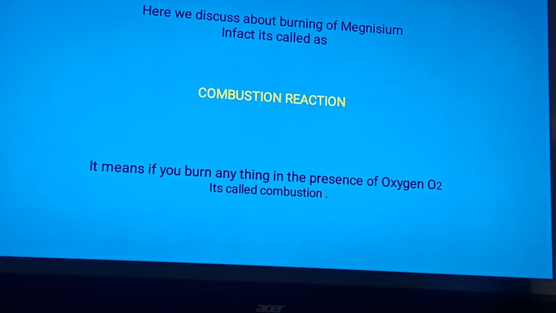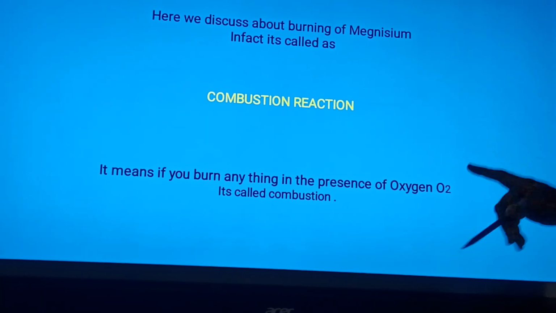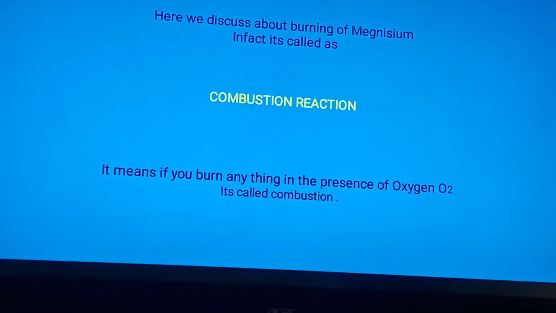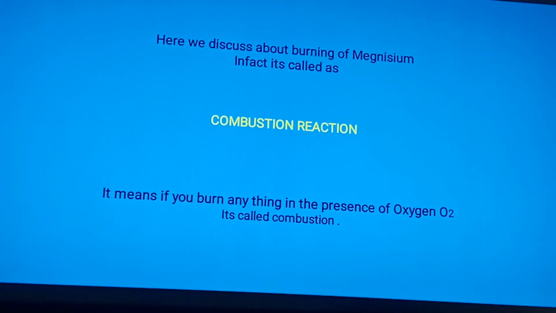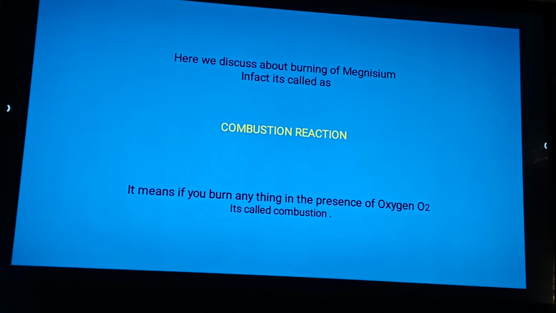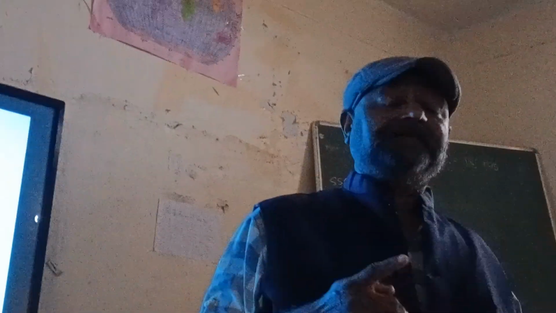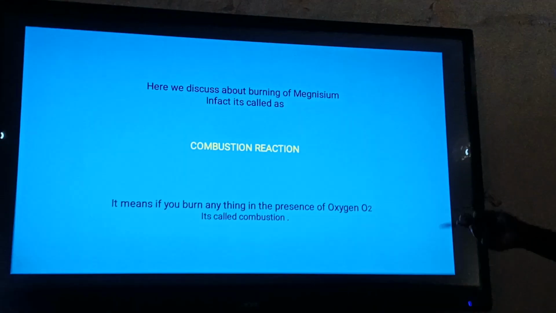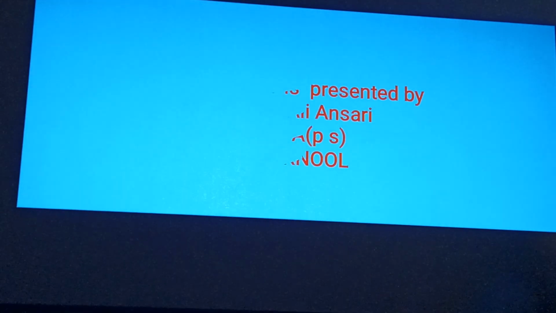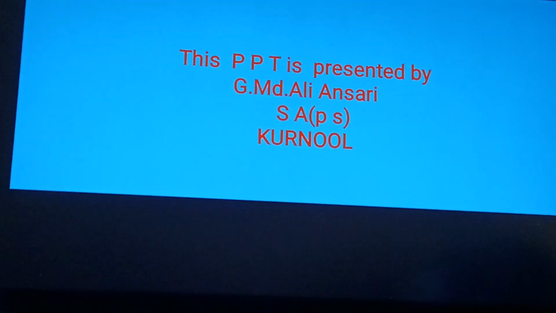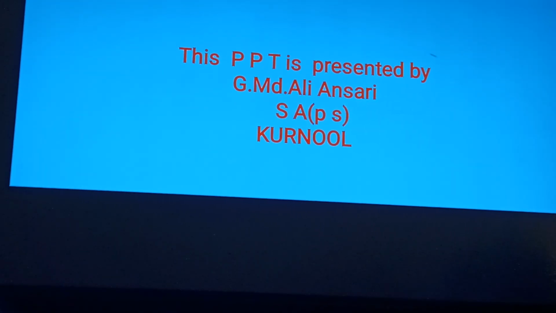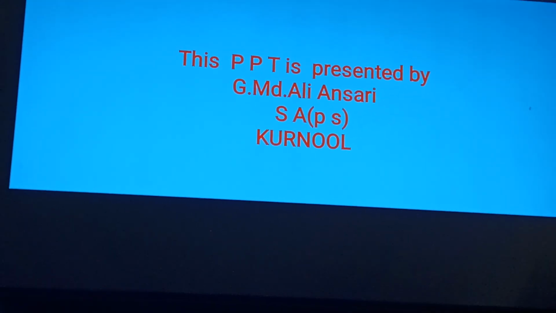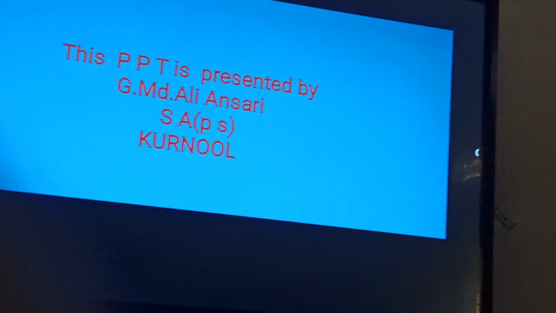Any chemical reaction which takes place in the presence of oxygen is called combustion. So we are going to learn about magnesium combustion, combustion of magnesium. Now I will show you practically.